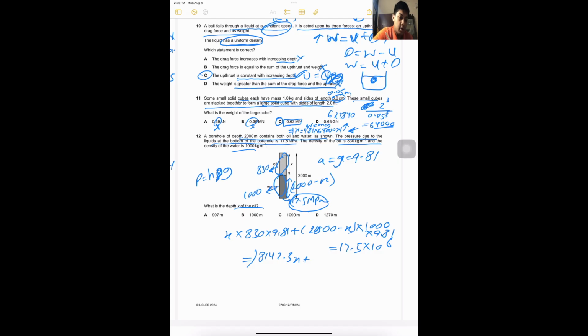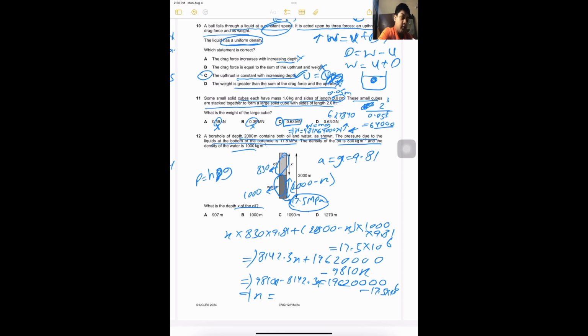You do the same too. 19621234 minus 1000 into 9.81, which is 9810x, or 9810 minus 8142.3 equal to 19621234 minus 0.5 into 10 to the power 6, or x equal to 19621234 minus 17.5 into 10 to the power 6. I'm just solving the equation, nothing more.